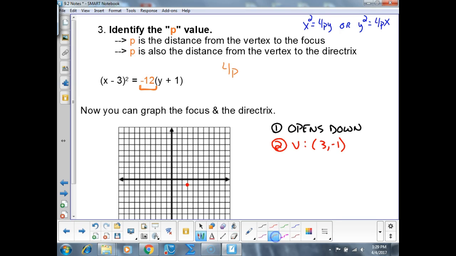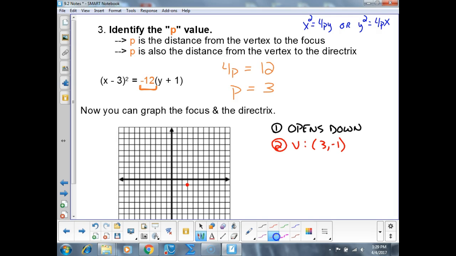I only care that the 4p is 12. Step 1 has already taken care of the opening down part. That's what the negative really signifies. So p then is what? p is 3. 4p is 12, so p is 3.